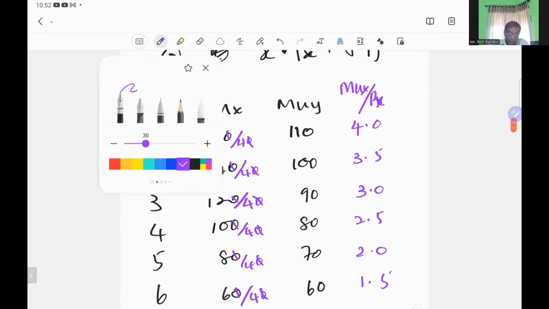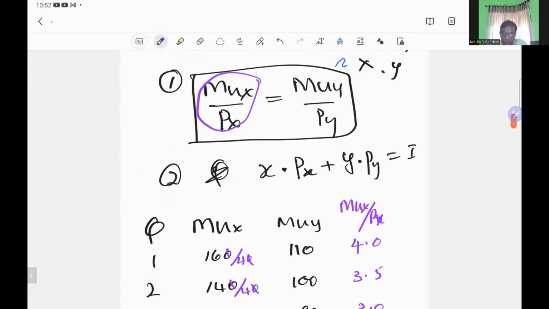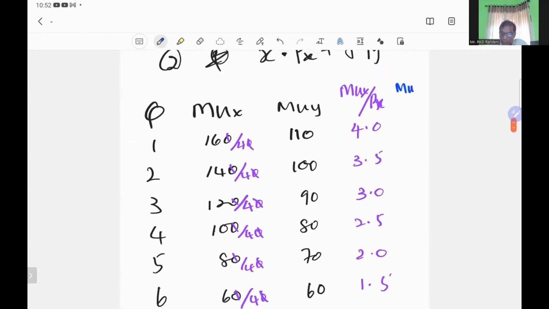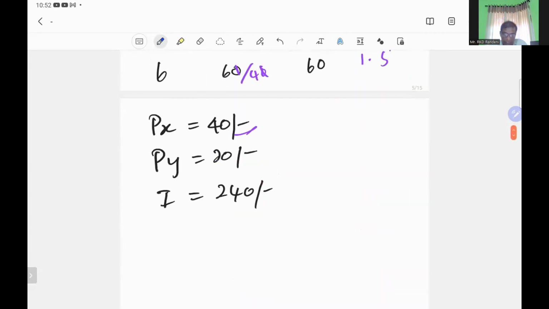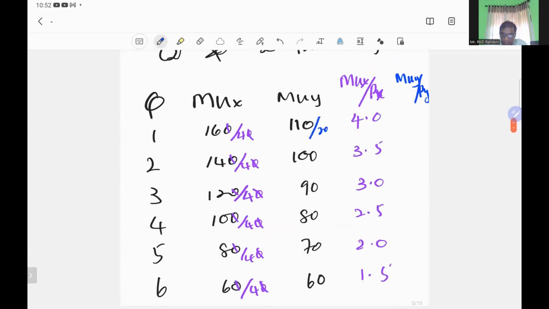Then MUY, now this part: MUY divided by PY. The price of Y is given, that is 20 rupees. Then divide by 20: 5.5.